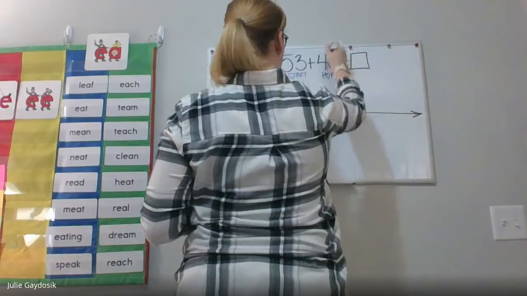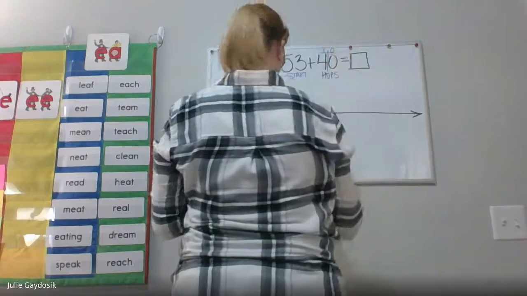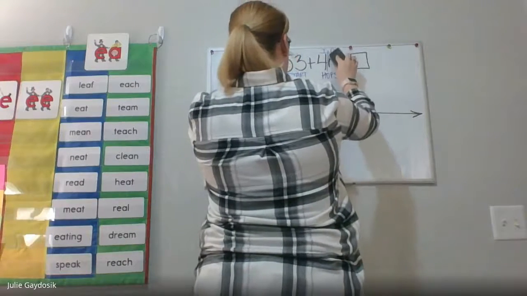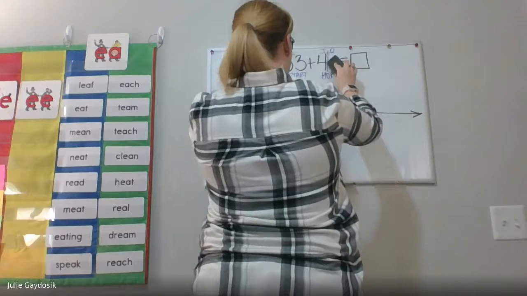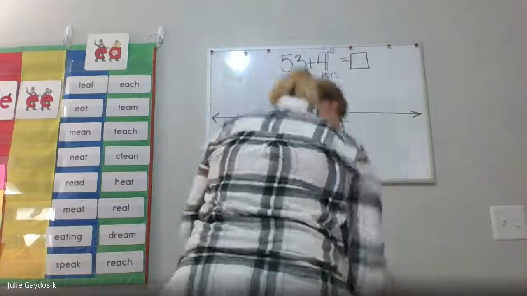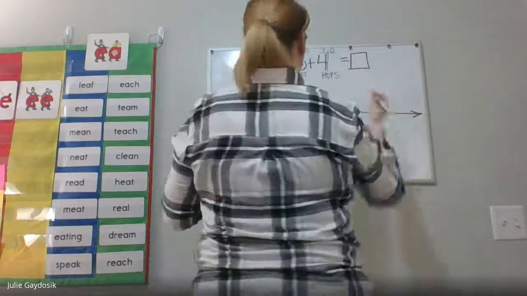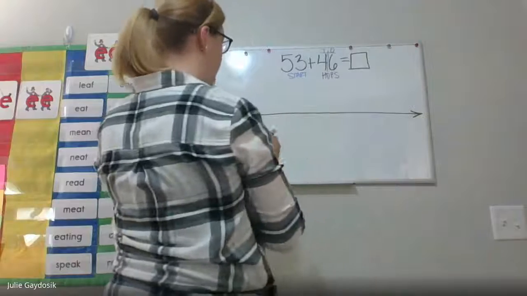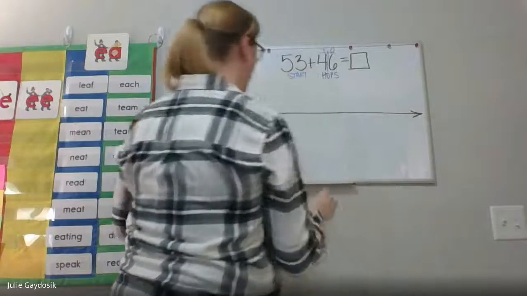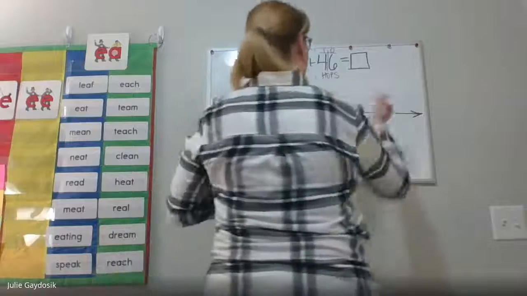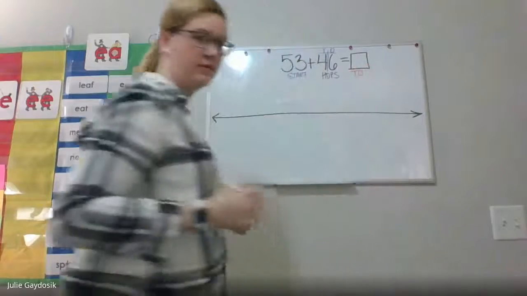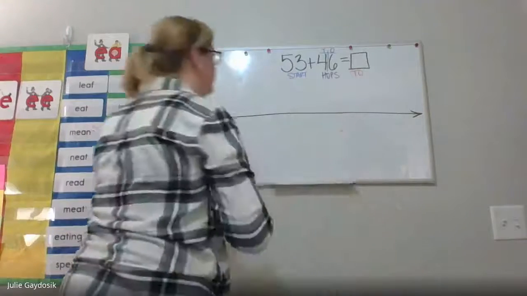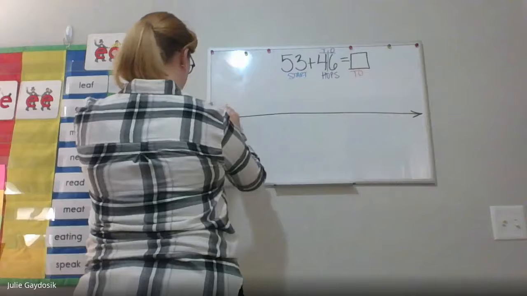I'm going to change that second number. I'm going to change the second number to 6, just so we have a little more to work with. And then we're going to hop to here. Okay, so we're going to start at 53, right?